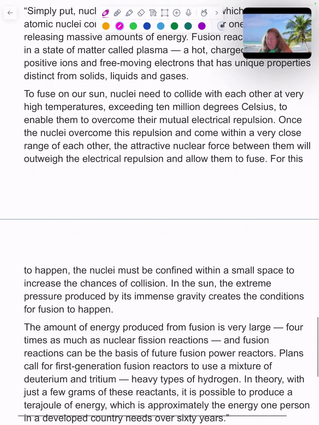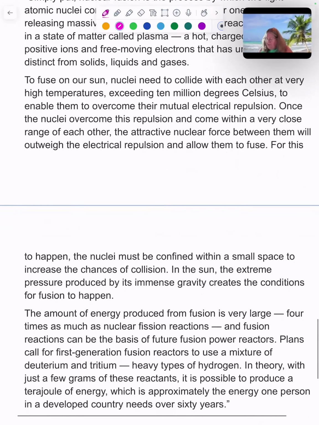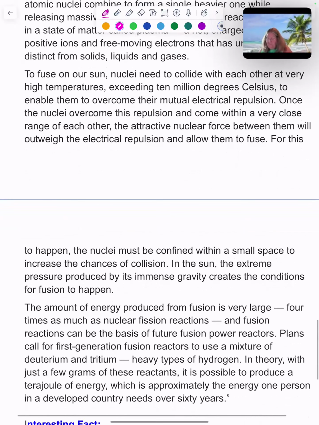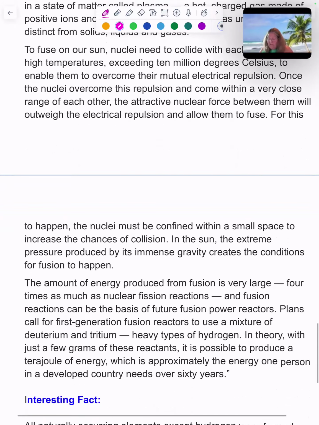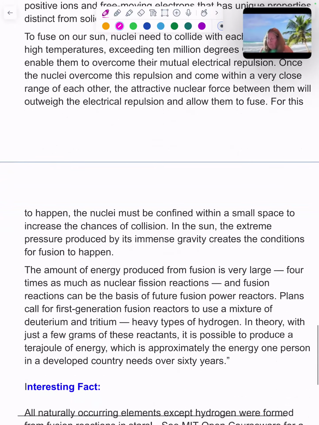The amount of energy produced from fusion is very, very large, 4 times as much as nuclear fission reactions, and fusion reactions can be the basis for future fusion power reactors. Plans call for first-generation fusion reactors to use a mixture of deuterium and tritium, heavy isotopes of hydrogen.